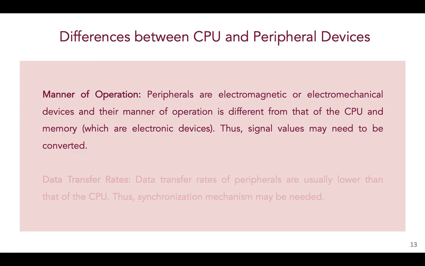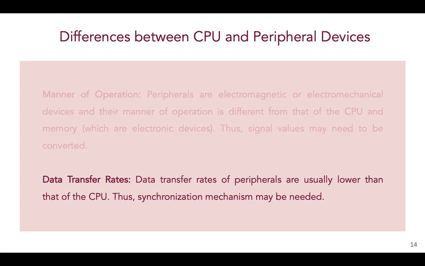So when CPU, memory, and peripheral devices are required to communicate with one another, there has to be one standard way to represent all the signal values, because otherwise electromechanical and electromagnetic devices are inherently incompatible with electronic devices. So that's the first difference, which necessitates the use of a proper I/O interface.